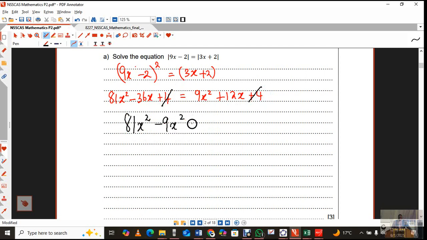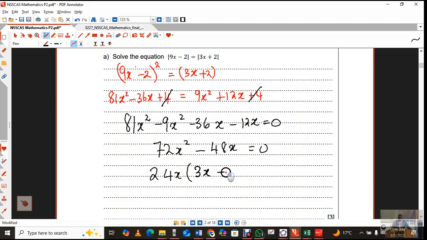And just have the terms to the left, because it becomes a quadratic equal to 0. So I will have 72x squared minus 48x. You should know that 24x is a common factor, and 24x goes there, times 3x minus 2.